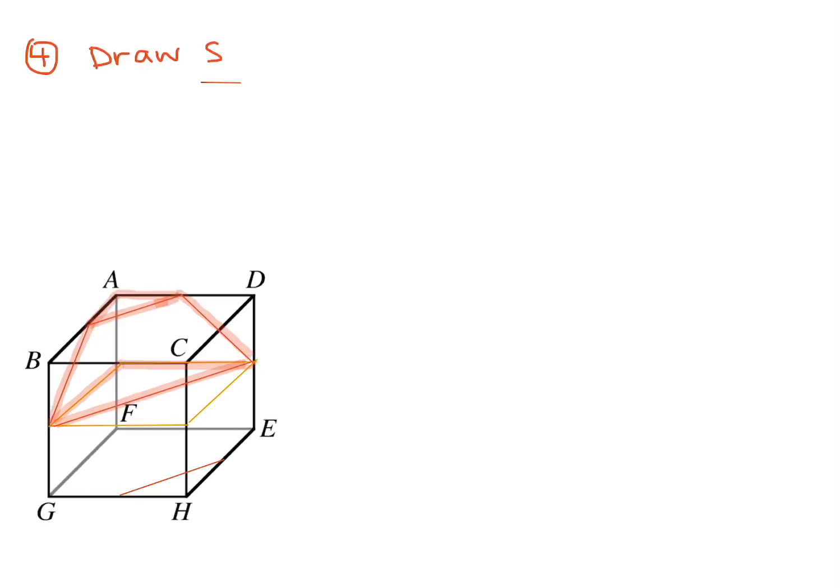Now, don't worry if you're looking at that and you're thinking, what on earth shape is that? I have no idea how to figure out the volume of this. You want me to figure out the volume of S, but I don't know what shape this is. And trust me, I don't know what shape it is either. So what we have to do is make it into a shape. And how do we do that? Well, this is the key point of the question: you have to extend these lines right here.